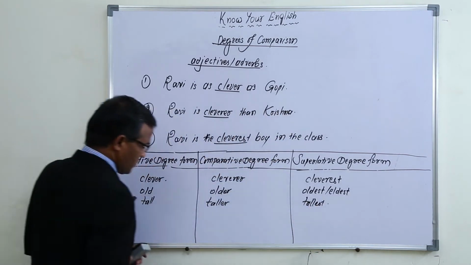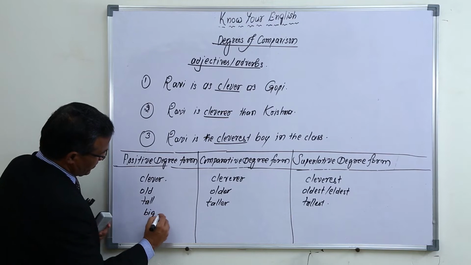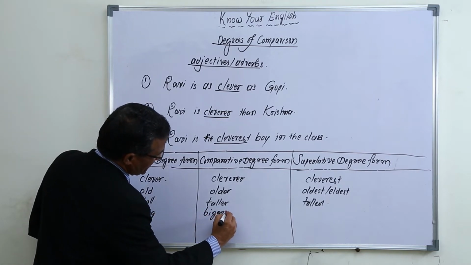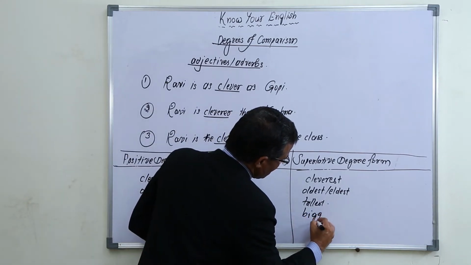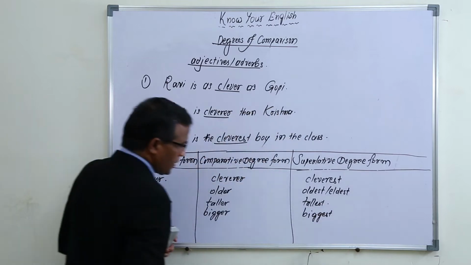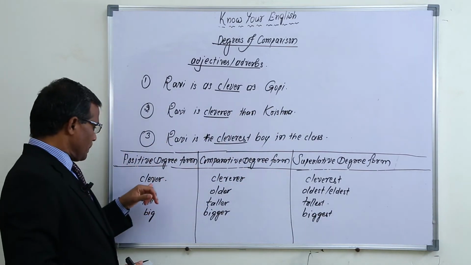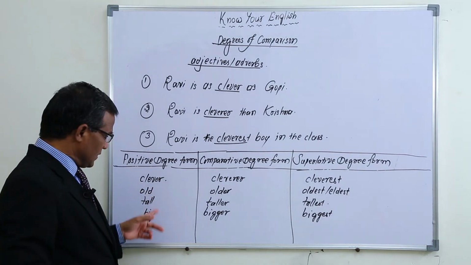And in the same way, for example, big, bigger, biggest. And if you observe these adjective words, these are really short adjectives.